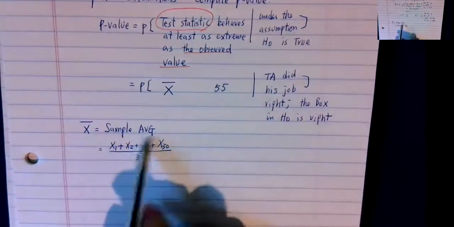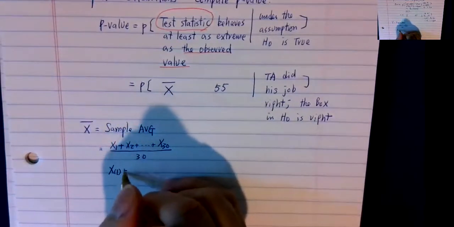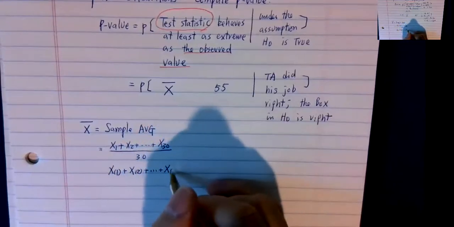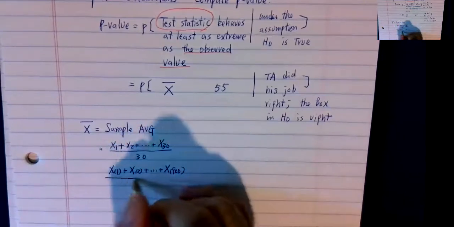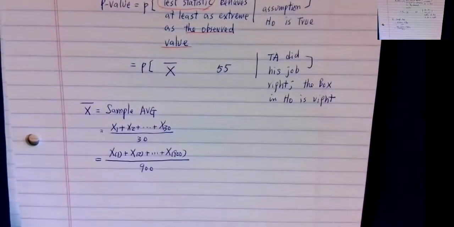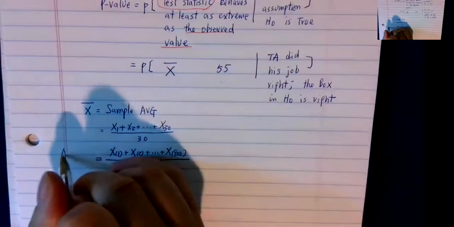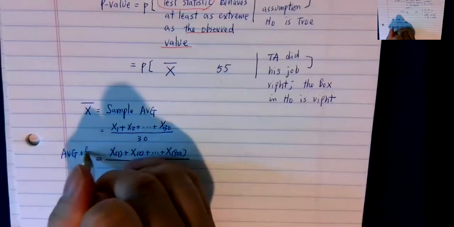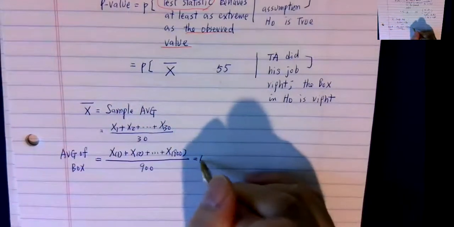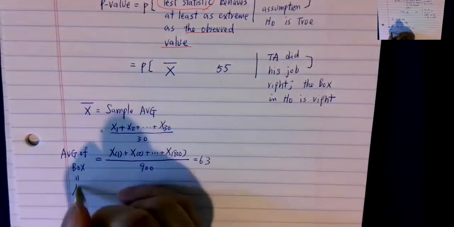Now, this is the whole sample average. Look at this. How about x bracket 1 plus x bracket 2 plus all the way up to x bracket 900, divided by 900? That's the class average, the population mean. That's the average of the box, and the average of the box is 63.